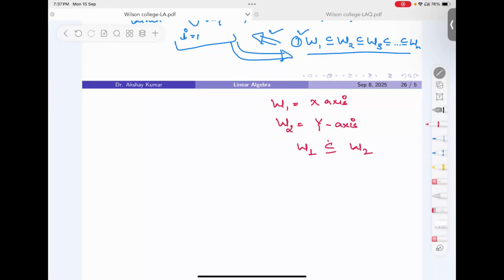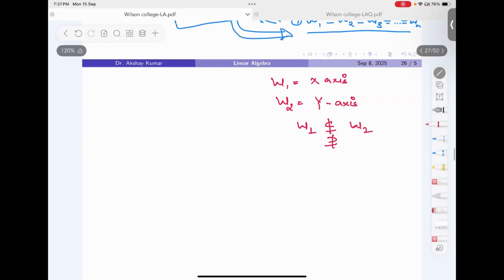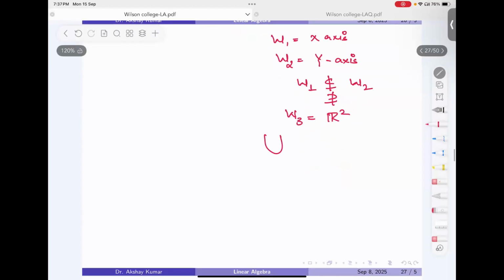No, W1 is not contained in W2, and the converse is also true: W2 is not contained in W1. Now similarly, if you choose W3 as the complete R2, what is W1 union W2 union W3? This is the whole R2.